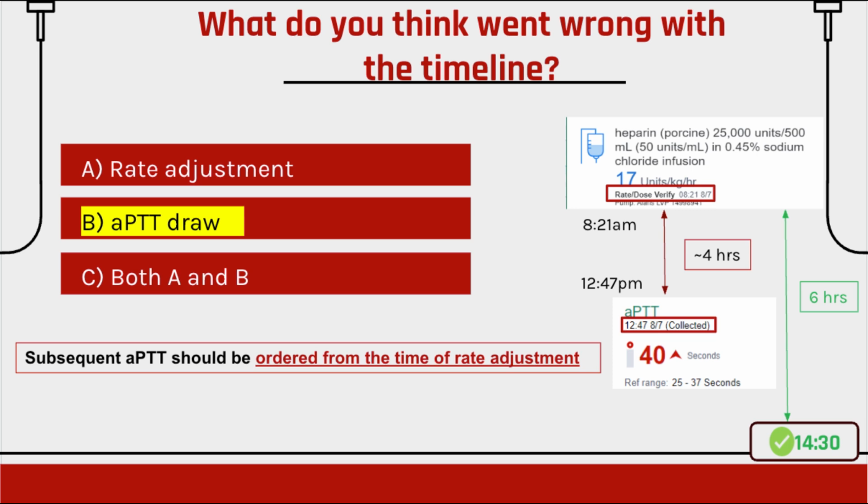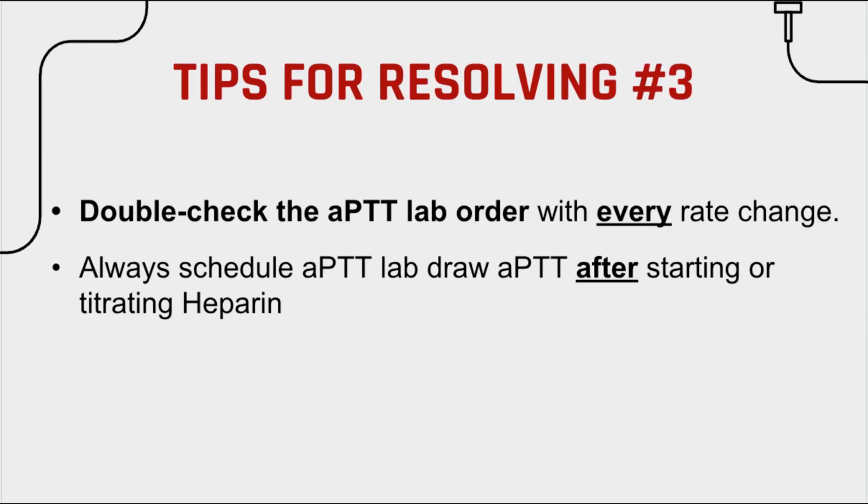The correct lab draw for PTT should be scheduled at 14:30, 6 hours from the rate change. In this mistake, it was drawn only 4 hours apart. To avoid this, the PTT lab order should be reviewed and double-checked at every rate change or after starting the drip.